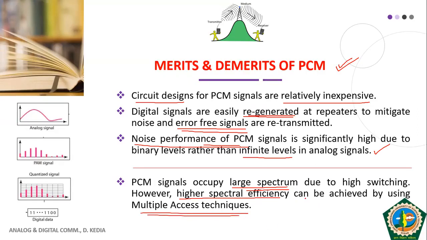So this was a small demerit of the PCM signal. That's all about the concept of the pulse code modulation system, the PCM encoder, the PCM decoder, and the complete block diagram of the PCM system.